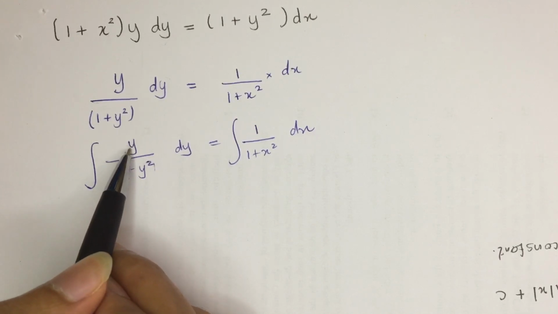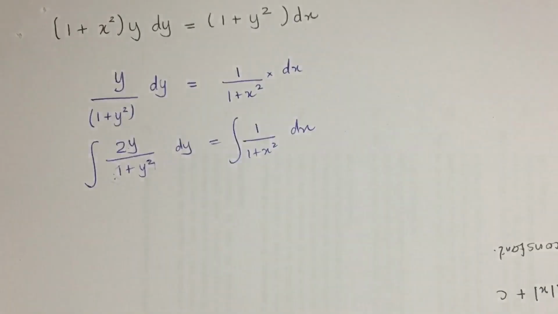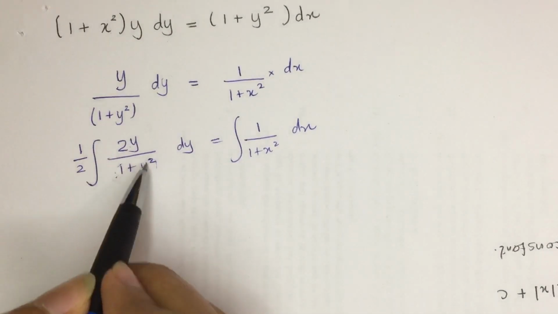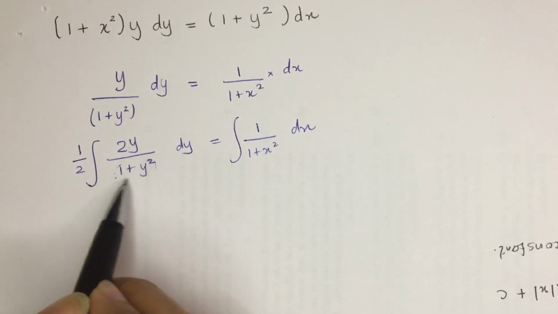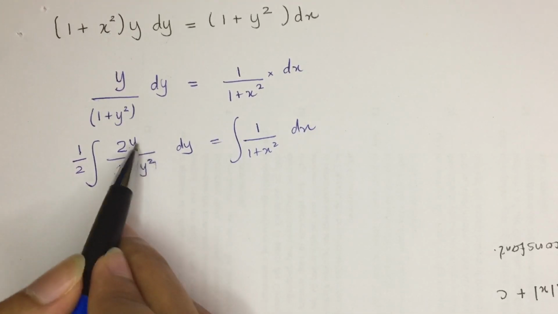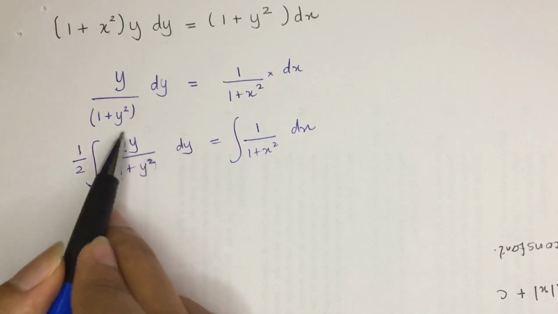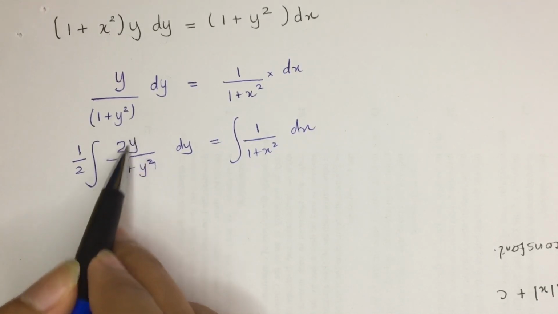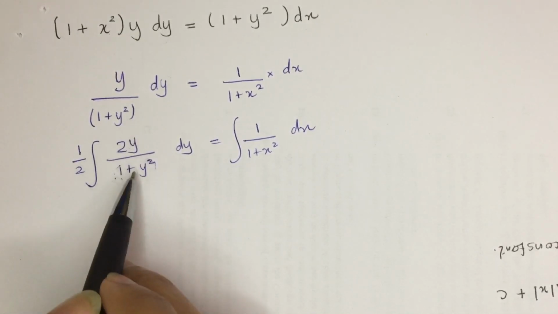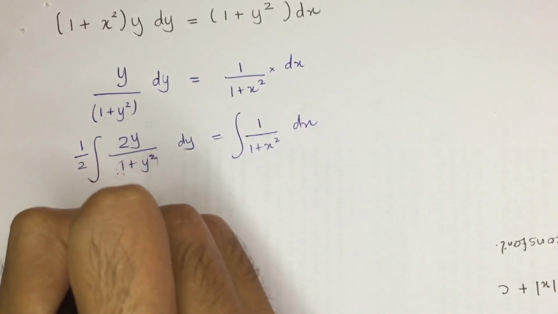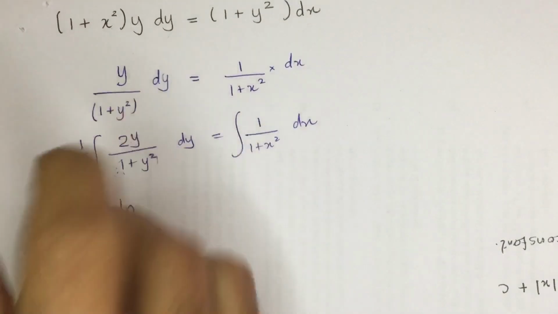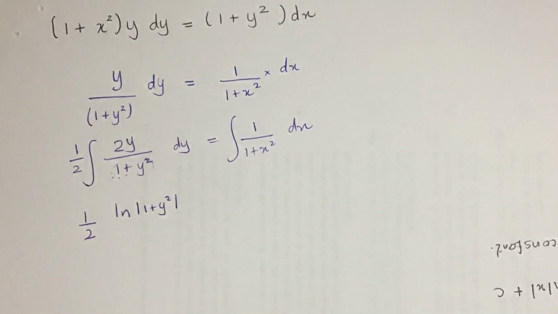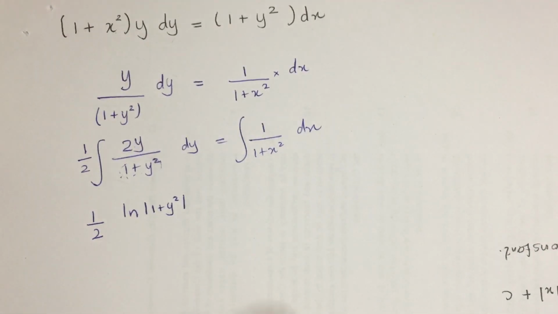So what can we do? We can multiply by 2 and divide by 2. Let's say 1 plus y² is f of x, and its derivative 2y is f dash x, f prime x. In this form, f prime x over f of x, the integration is going to be ln mod of f of x. So here it's going to be ln of 1 plus y². You can easily derive this.